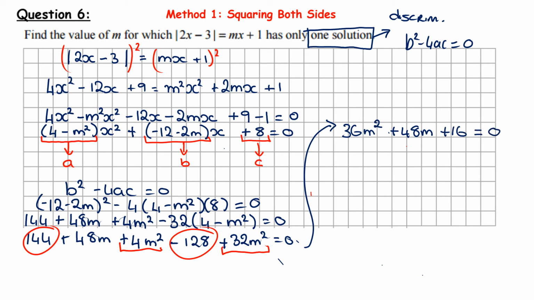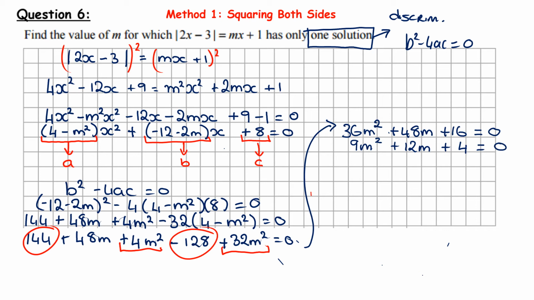Now to simplify this, we can divide across by 4. So we divide across by 4, we get 9m squared plus 12m plus 4 equals 0.